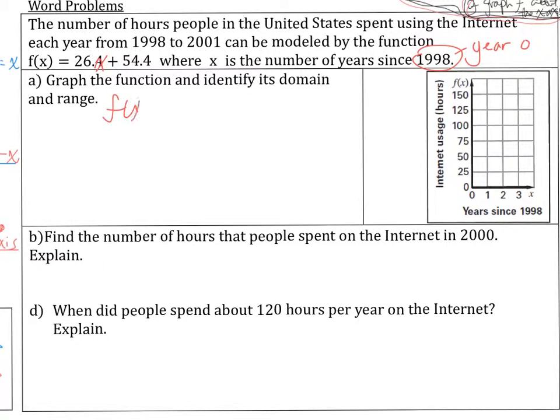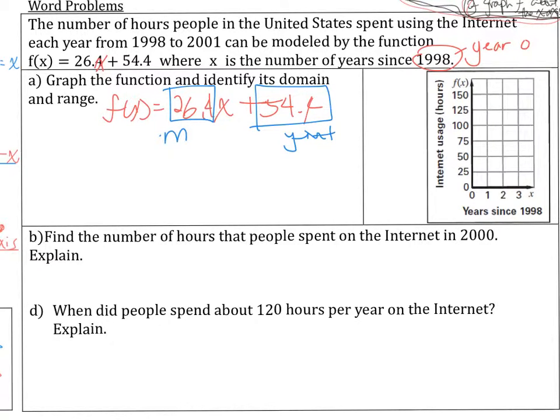So your function is represented by this model here, and you know this is the y-intercept, and this is your slope. Okay, we could take 54.4 and add 26.4 to find the shift, vertical shift.